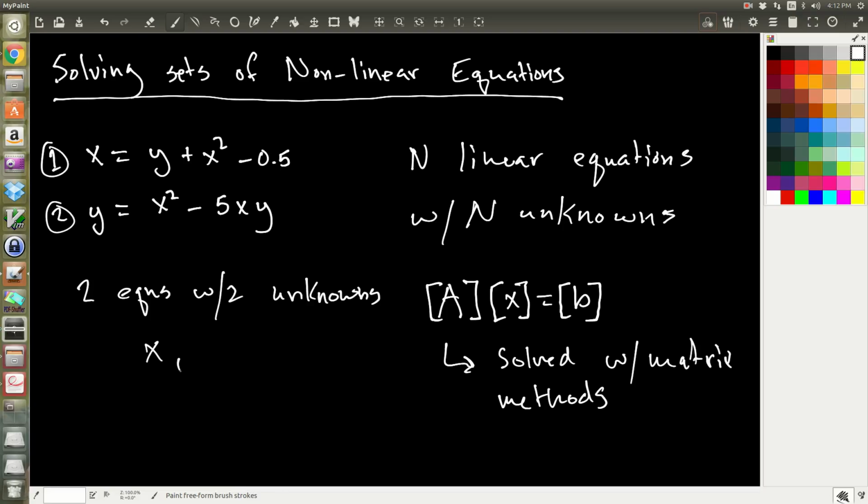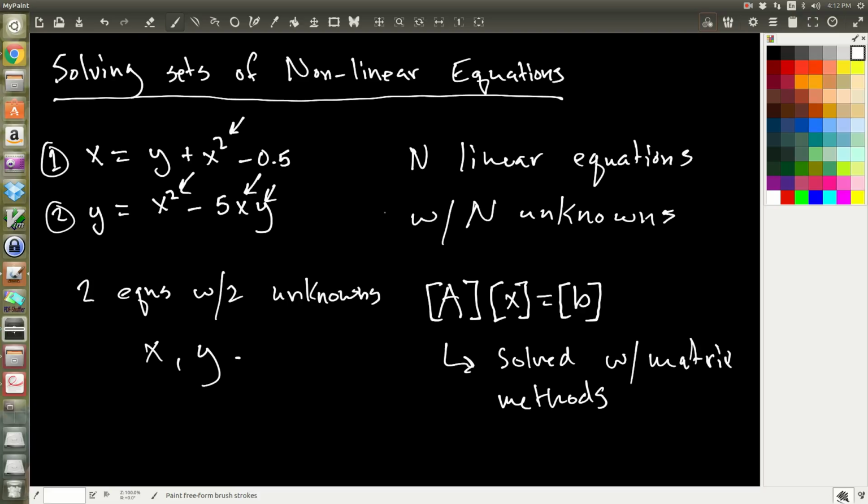My unknowns are x and y, okay, but they're nonlinear, meaning that the unknowns are raised to some non-zero power, like x squared showing up here and here, or I have cross terms where I have x multiplied by y.